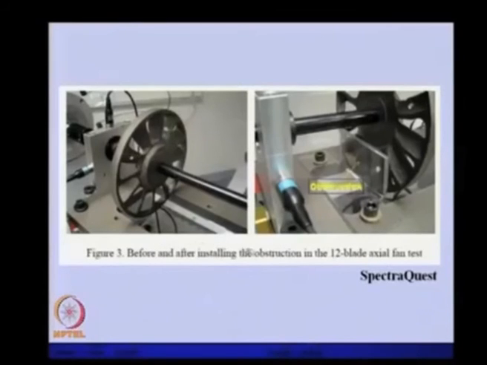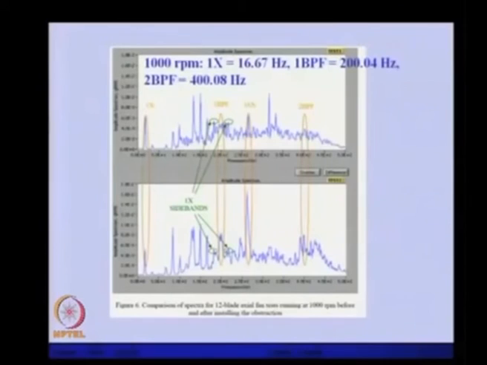So, before and after installation, the observation in the 12 blade axial fan. So, there is a 12 blade axial fan, and this is taken from SpectraQuest lecture notes. This is the obstruction which was put here so that we can get some kind of disturbance, and this is a typical signal in this.